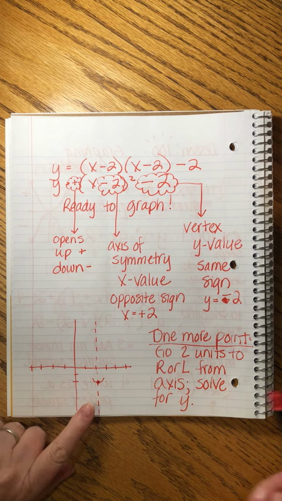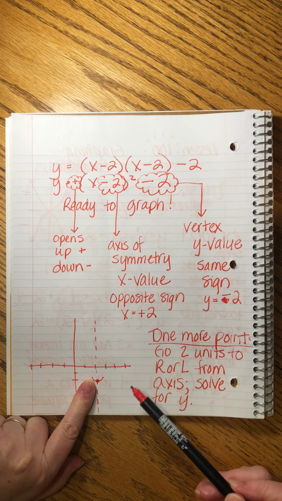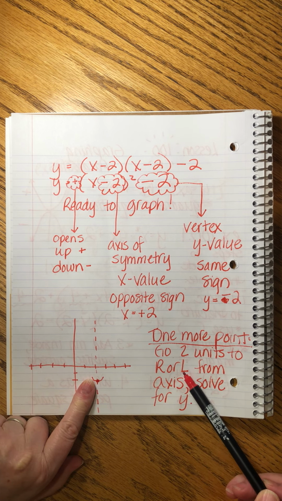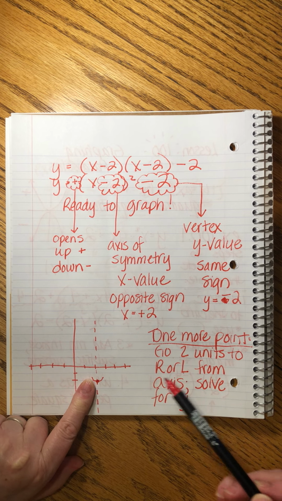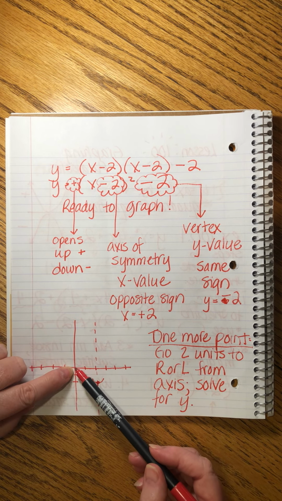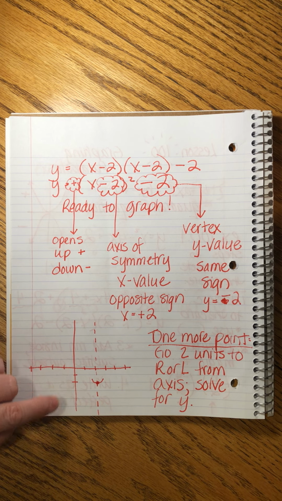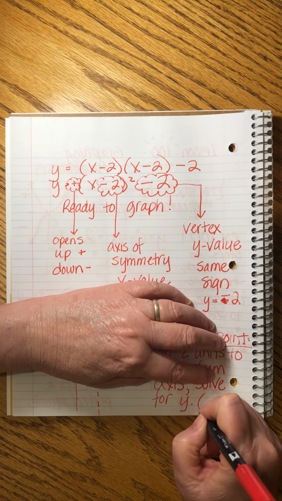what we're going to do is we're going to look at the axis and we're going to go 2 units to the right or the left. You can choose whichever number you think is going to make you happier. So in this case, we're at positive 2, right? So we can either choose 0 or we can choose positive 4, right? So I'm going to write that here.